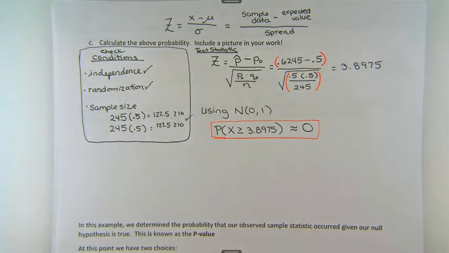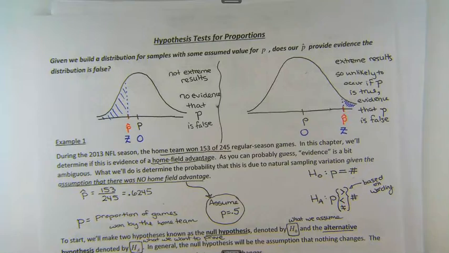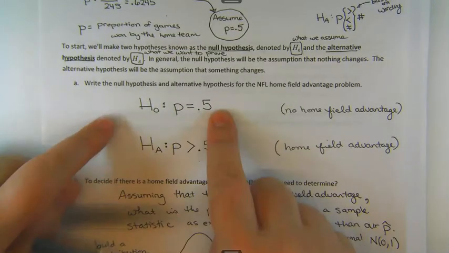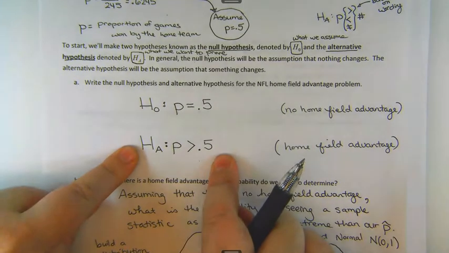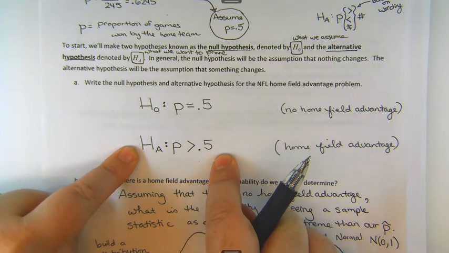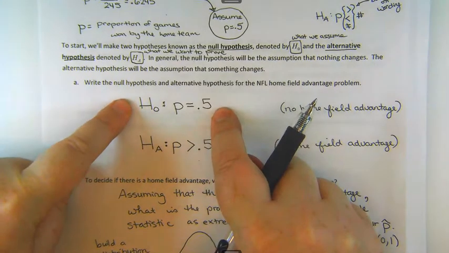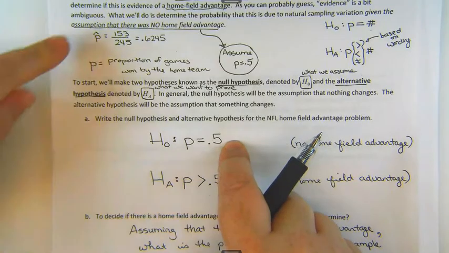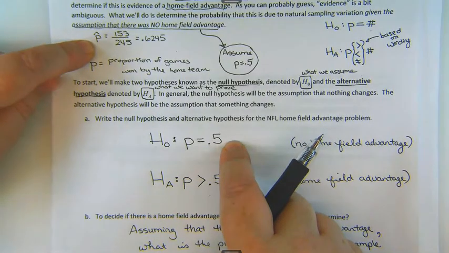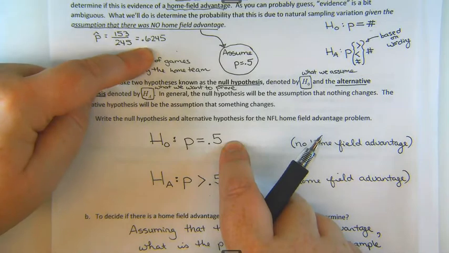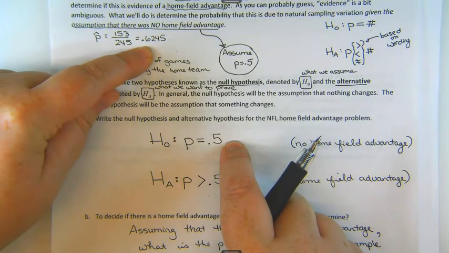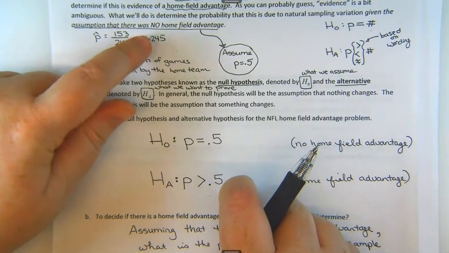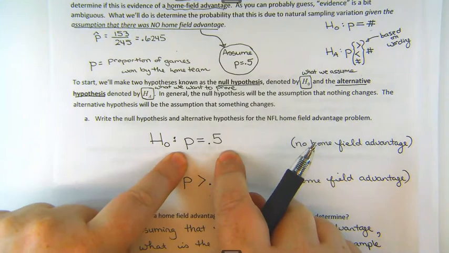So let's talk about this. What is this actually saying, getting this probability of 0 out? Through this whole process, we're assuming there's no home field advantage, and we're trying to prove that there is a home field advantage. Assuming there is no home field advantage, what we just showed is that to have this proportion of 0.6245, there's almost a 0% chance of seeing these sample results if this is true.